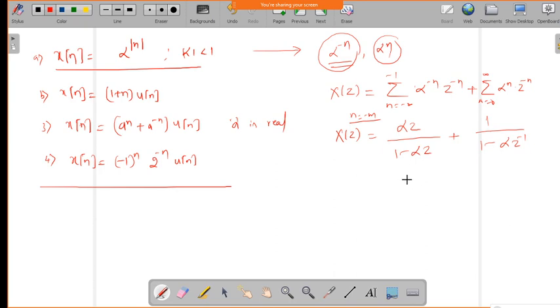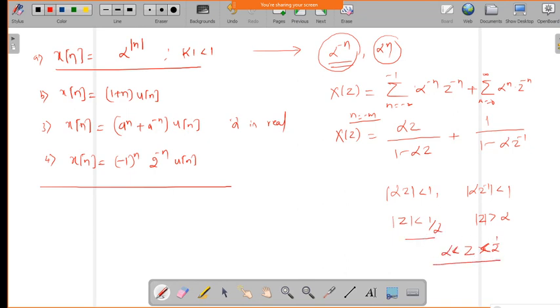So now what is the ROC? Magnitude of alpha z is less than 1 and alpha z inverse is less than 1. So z is less than 1 by alpha, and z is greater than alpha. So now z lies between alpha and 1 by alpha. So z is greater than alpha and less than 1 by alpha.